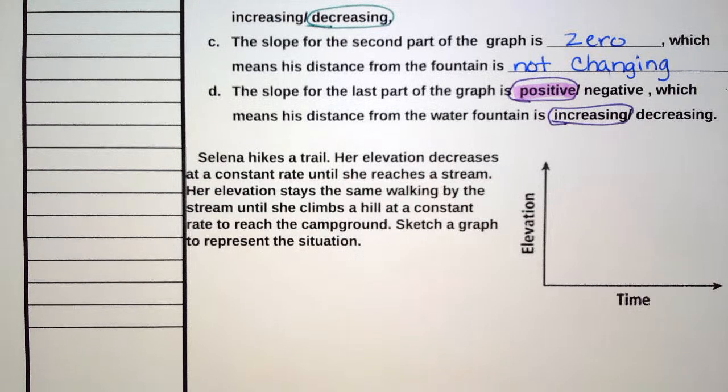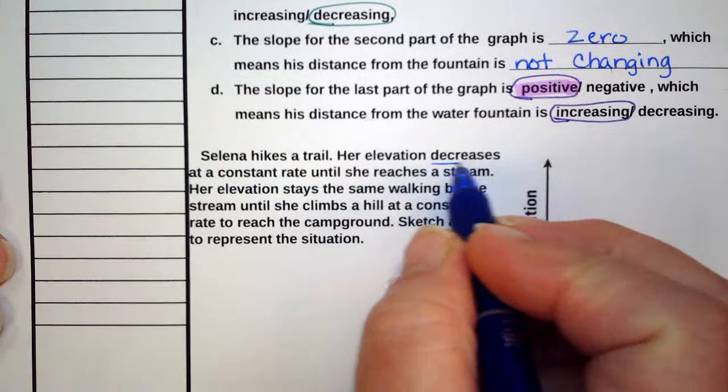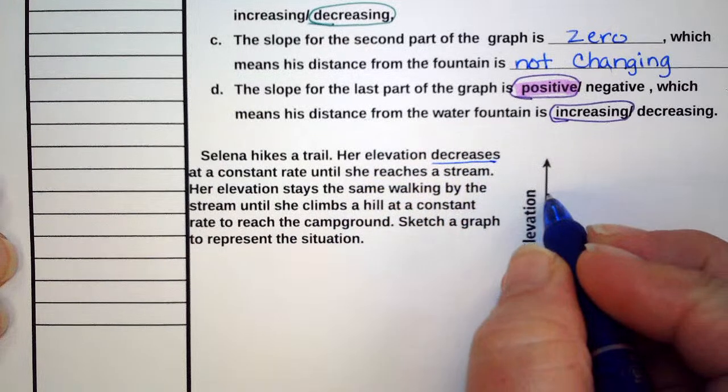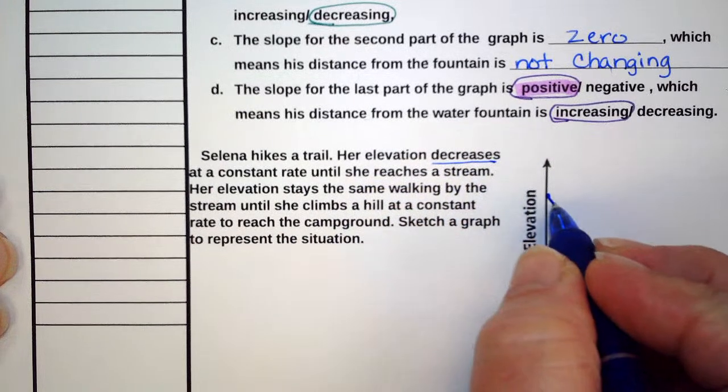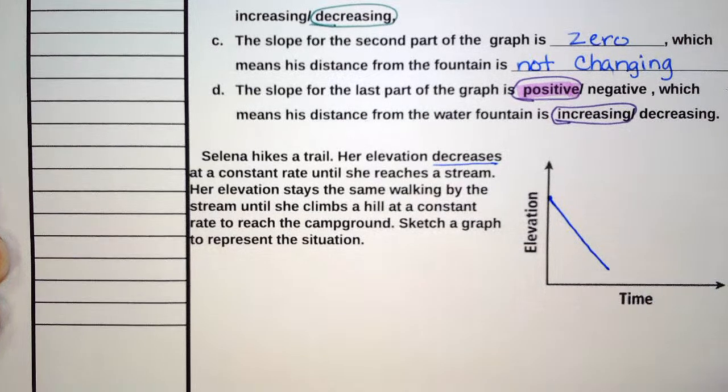Okay, so if she's decreasing, that means what? Where do we start? Well, if she is decreasing, that means we're up here and we're going to go down. We tried to make a really straight line.